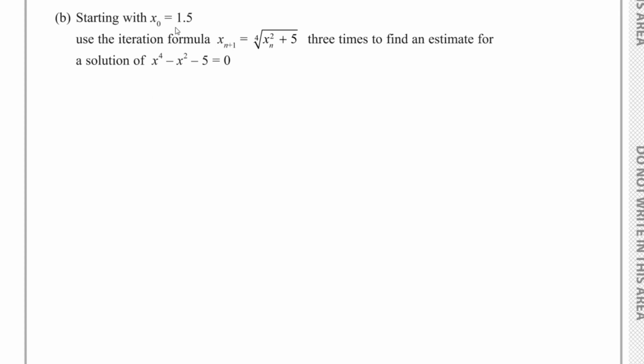Part B, starting with x naught equals 1.5, we have to use the iterative formula xn plus 1 equals the 4th root of xn squared plus 5 3 times to find an estimate for a solution of x to the 4 subtract x squared subtract 5 equals 0. So I've got x naught equals 1.5. To find x1, that's equal to the 4th root of x naught squared plus 5.